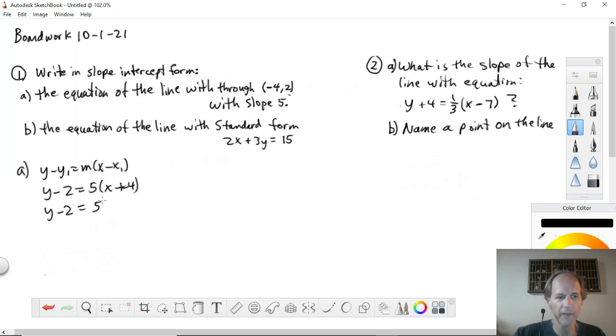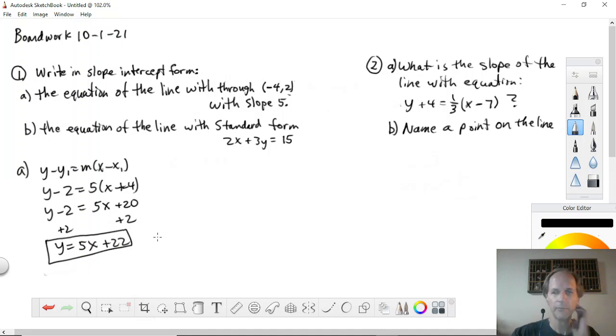Okay, so we have 5 times x plus 4. We will distribute: 5x plus 20, and then we add 2 to both sides, right? So that y can be by itself on the left, which is what we want. So that gives us 5x plus 22 on the right. And that's it.